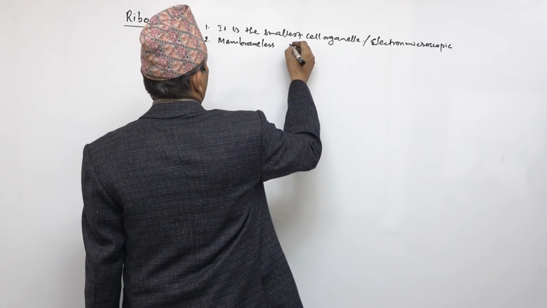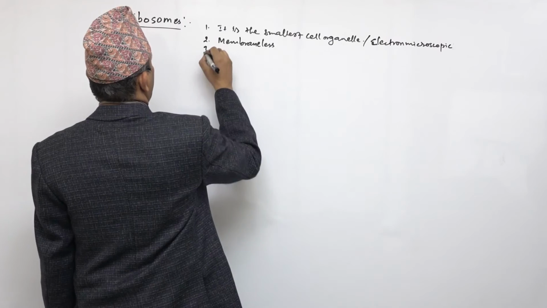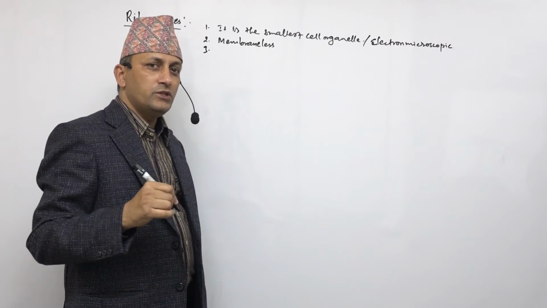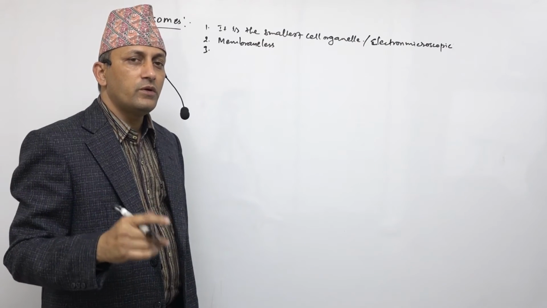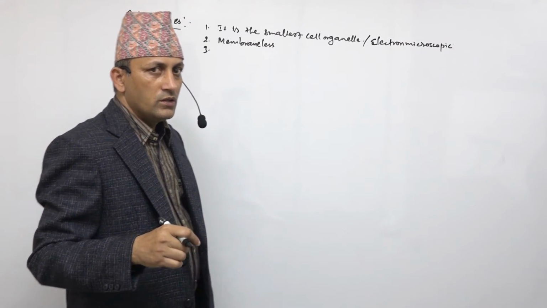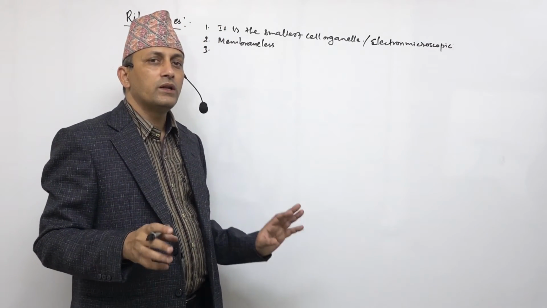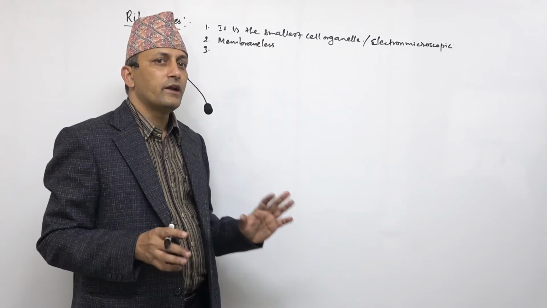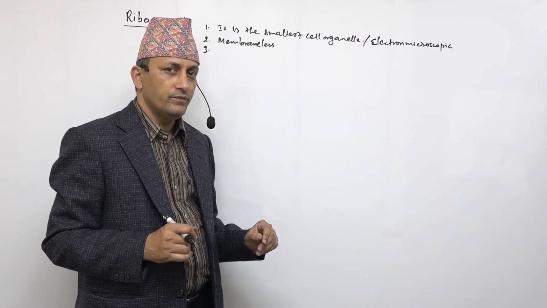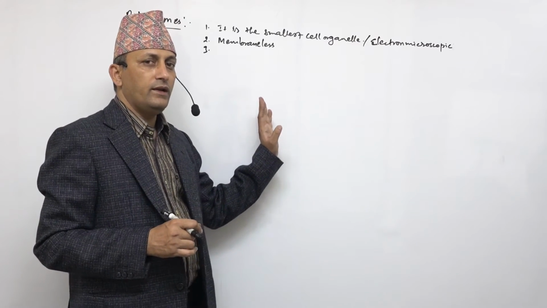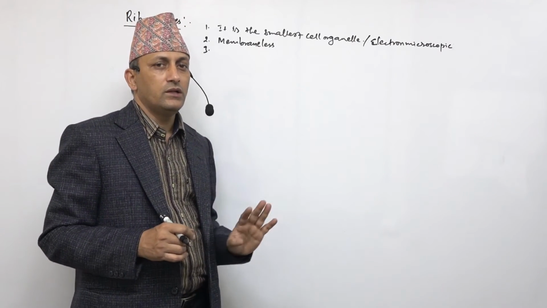Another very important thing you should know about the ribosome is that it is a universal cell organelle. It is found in all types of cells. Most of the cell organelles are found only in the eukaryotic cell. Otherwise, cell organelles are absent in prokaryotic cells. But this ribosome is found in both prokaryotic as well as eukaryotic cells.